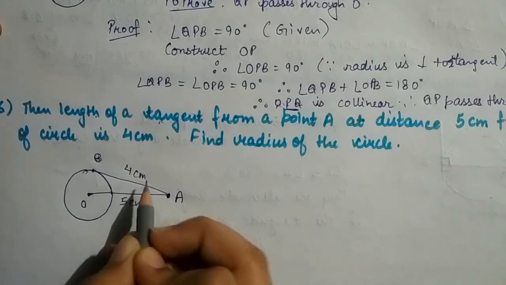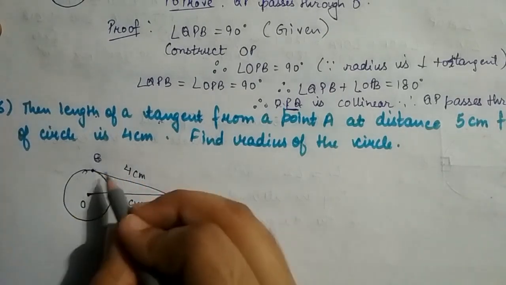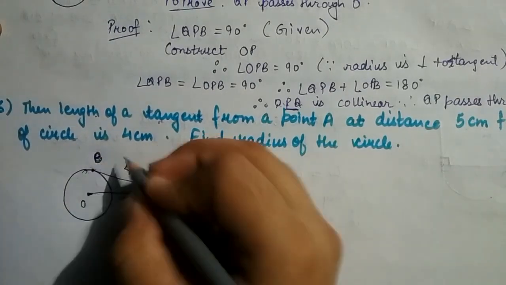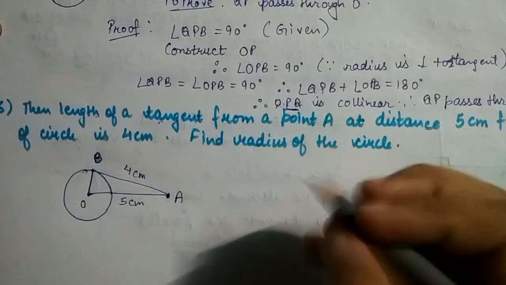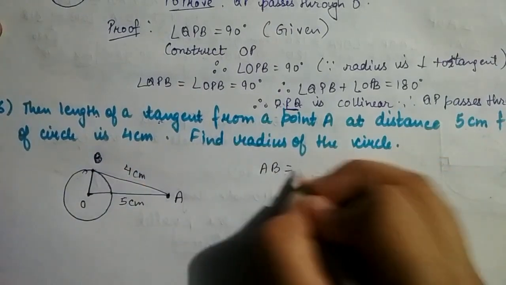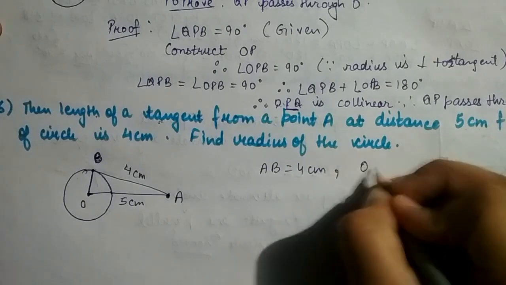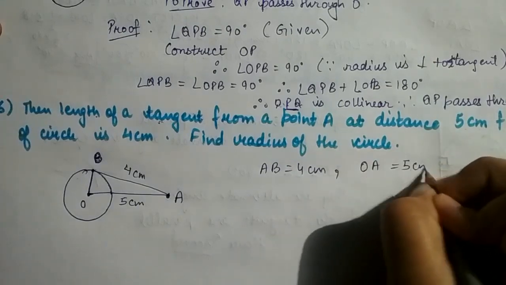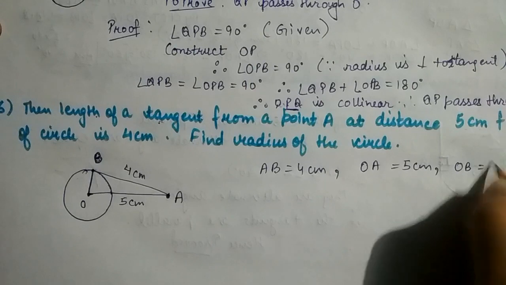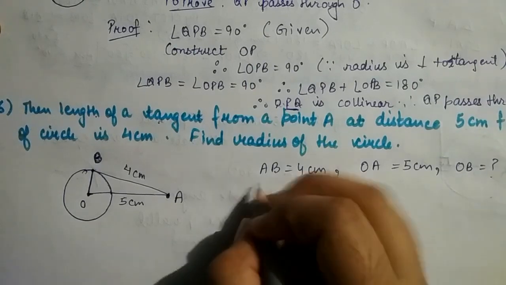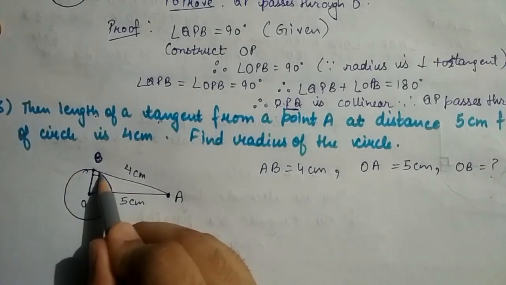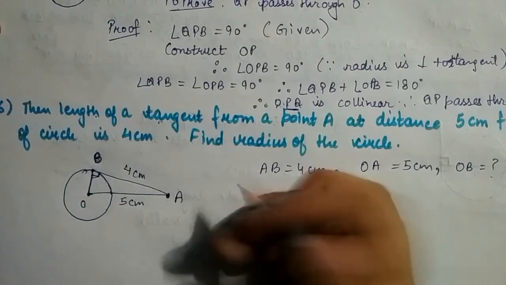What we need to find is the radius of the circle. Therefore we need to find BO. So AB is 4 cm, OA is 5 cm, and OB is to be found. So what will you use? You know radius is perpendicular to tangent, therefore you can apply Pythagoras theorem.